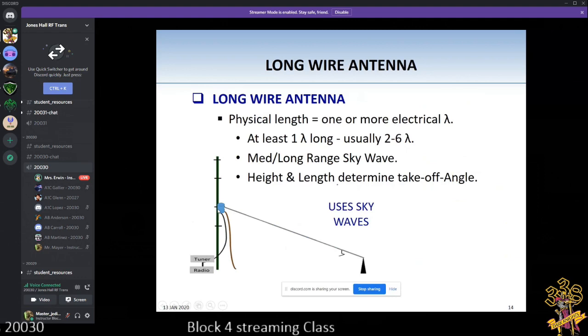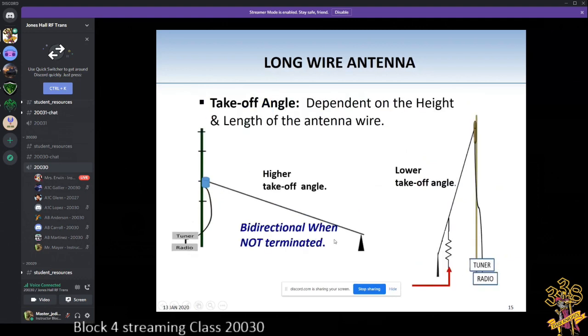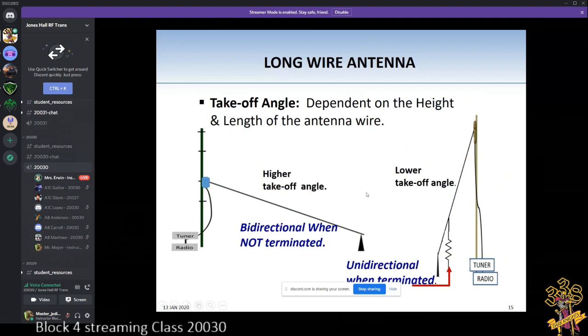So the height that it's erected at and the length of the antenna is going to determine what your takeoff angle ends up being. Now, long wire is a bidirectional antenna unless you terminate it. If you terminate it, then you are going to make it more unidirectional in the direction of the terminating resistor.